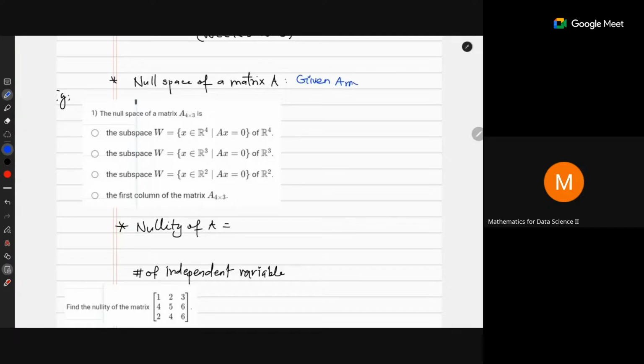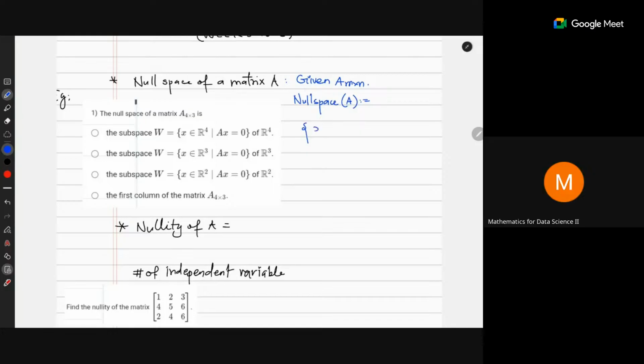Given a matrix of order m cross n, what is the nullity? So the null space of A is defined as, all those points that get cancelled. Correct.